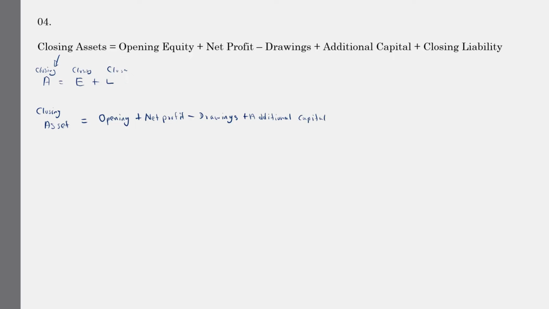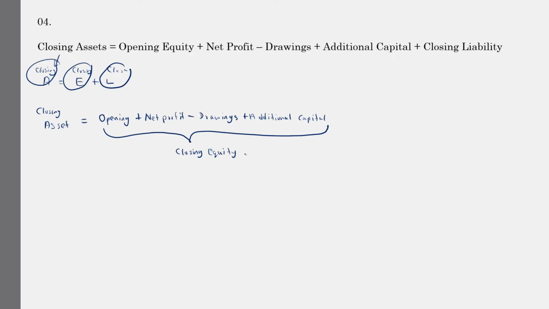So this part will give you the closing equity. This is what we learned in sole trader. Okay. So closing assets equal closing equity plus closing liability. So for this one, you have to add the closing liability.